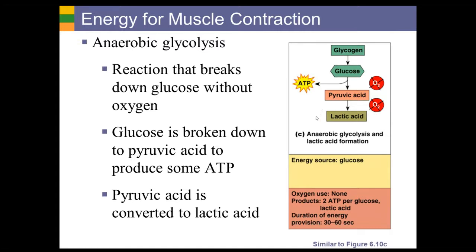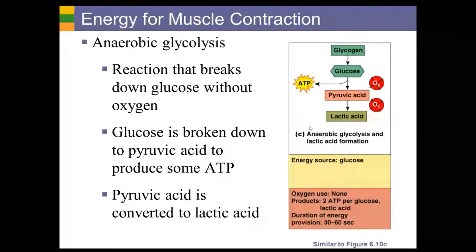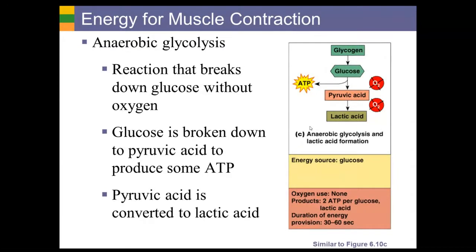So lactic acid is what's responsible for that burning sensation that you have if you're exercising a muscle that you haven't exercised in a while. It's basically an indication that you're producing ATP anaerobically because you can't produce enough aerobically to support the level of activity that you're requiring of your skeletal muscle fibers. That's why if you haven't run in a while or done an exercise in a while, you'll get that burning sensation.